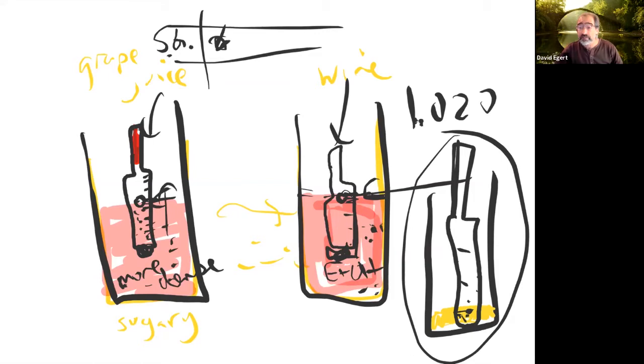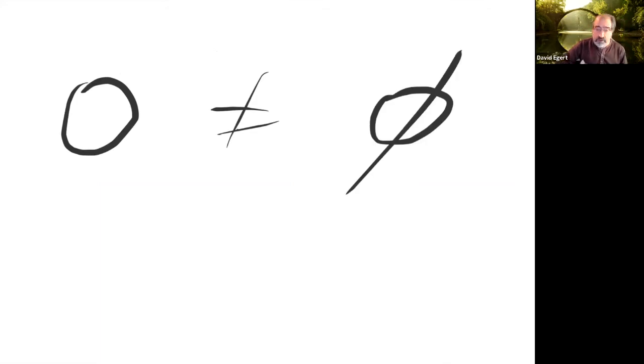That doesn't mean anything. What we would say is null. There is no value. I think just making it clear, 0 is very different from there is no value, the null set.